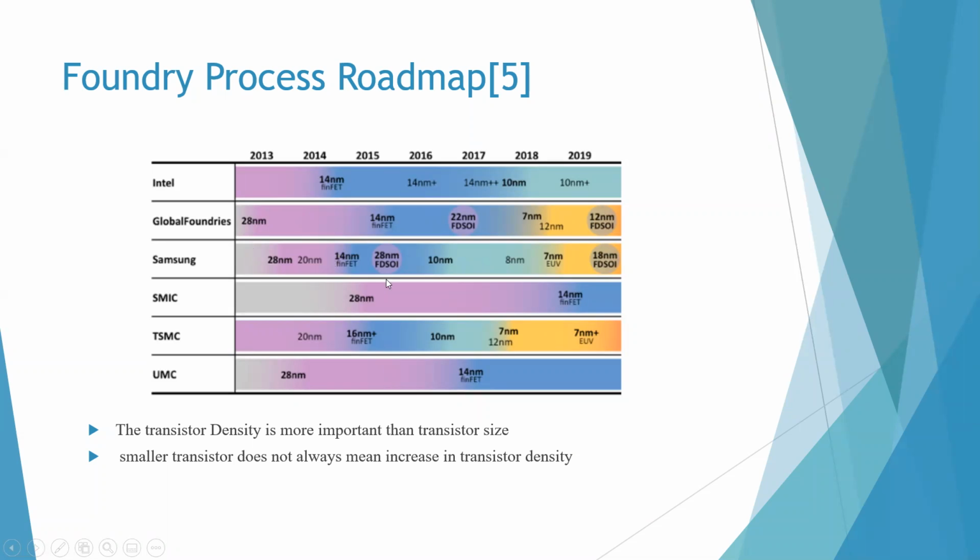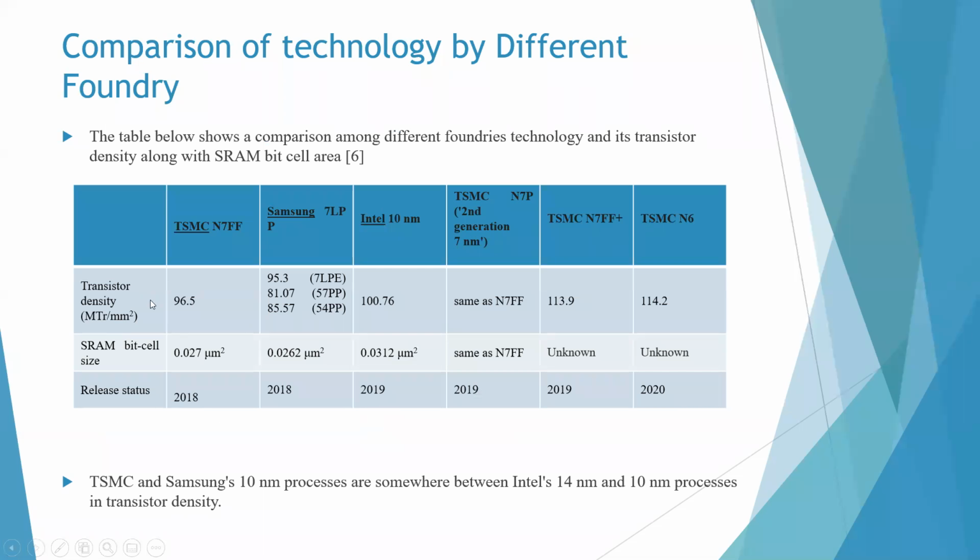But transistor density is much more important than transistor size nowadays, because a smaller transistor size does not always mean an increase in transistor density. So from this table, we can see that the transistor density for Intel's 10-nanometer technology is more or less similar to TSMC's and Samsung's 7-nanometer technology.